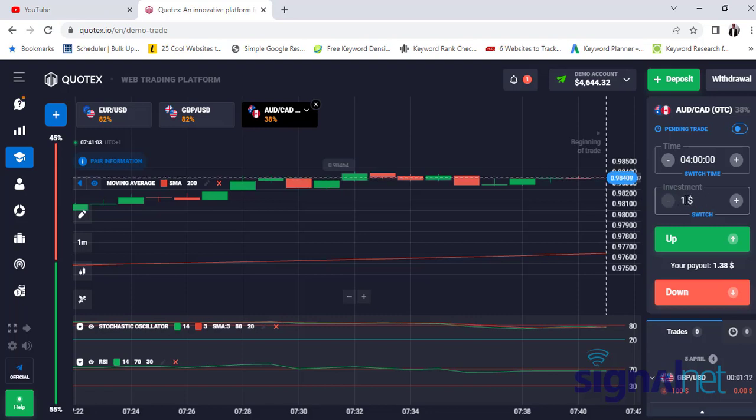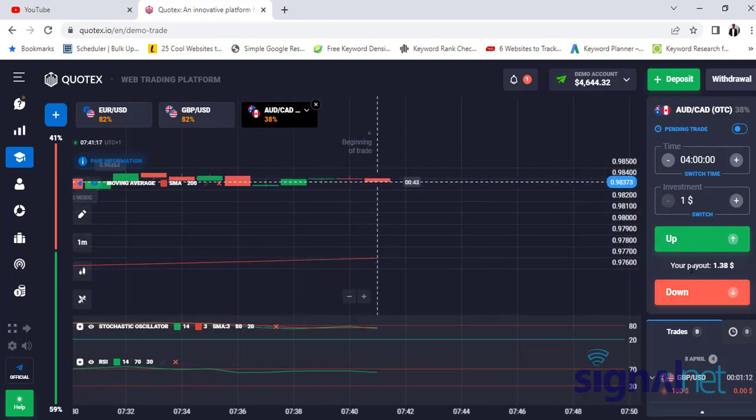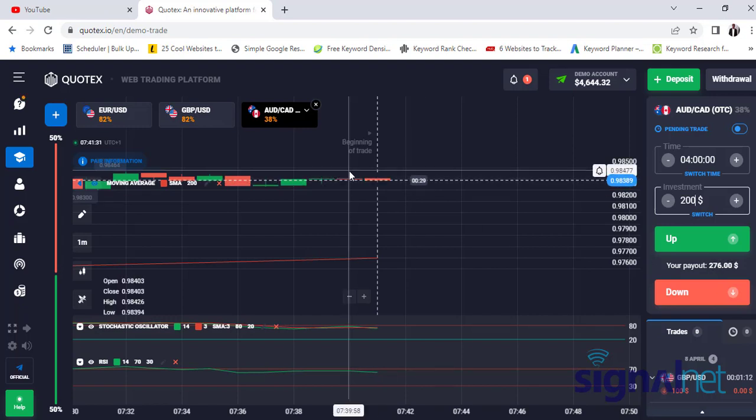Whatever I put in there, whether I put $1,000 or I put $1 as it was, that is how much I'm risking. Simple. And when I click buy or sell, it just shows me the payout. So if I put, let's say, $200 there, it's telling me that at the end of the day, you're going to make 276. Okay, the payout on this is quite low, so this shows the return.